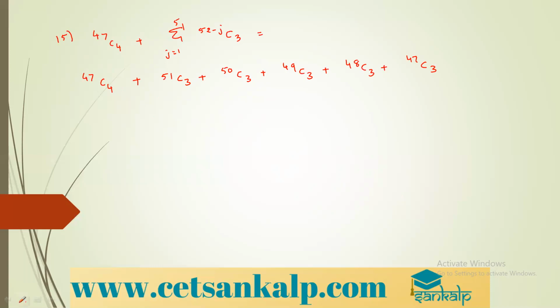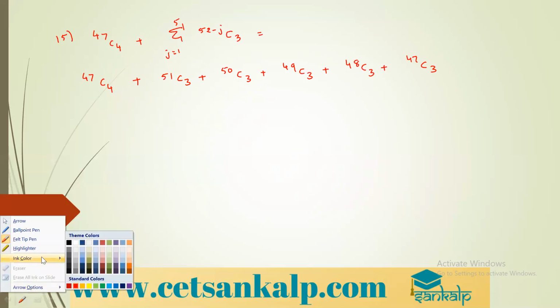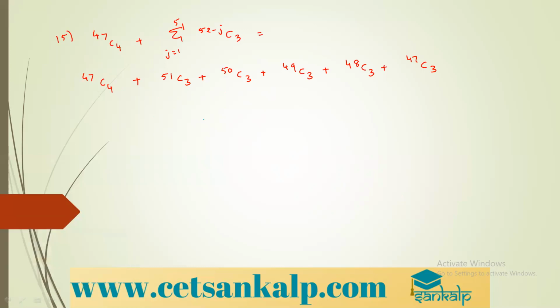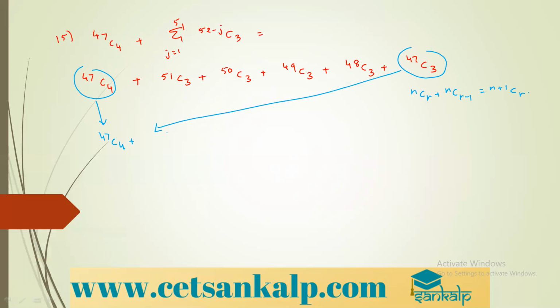In this case, everywhere we will be using one formula, and that formula is NCR plus NCR minus 1 is N plus 1 CR. So first I will take NCR plus NCR minus 1.